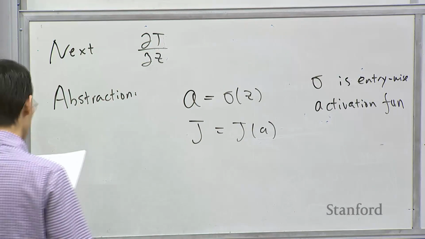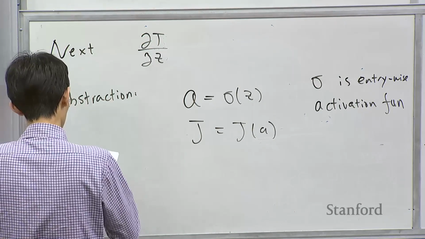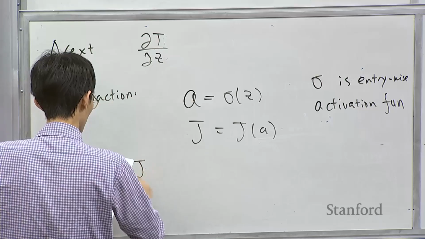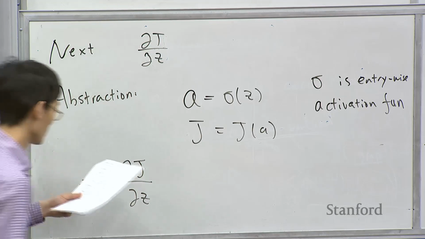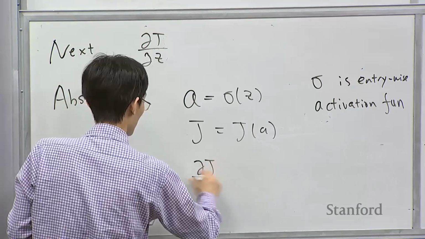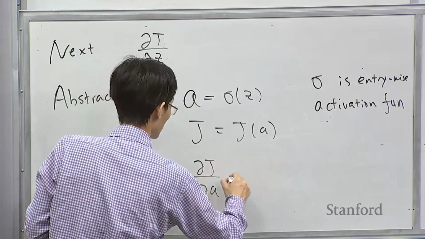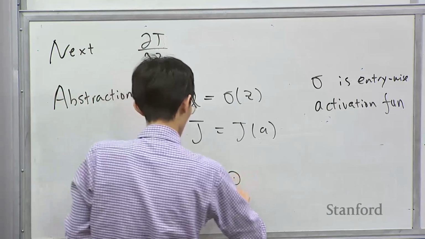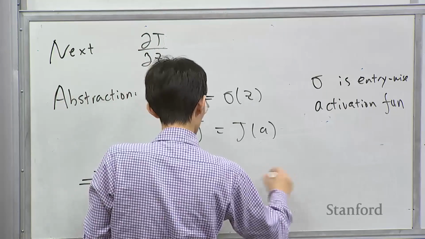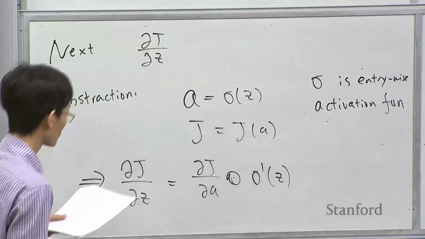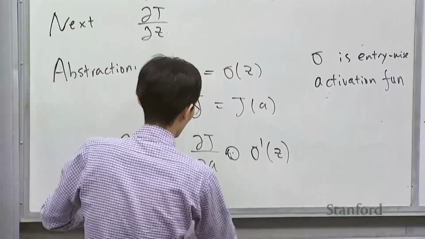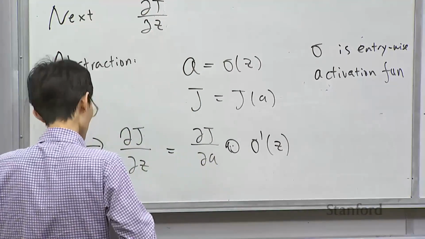So I'm going to claim that in this case, your target, the quantity you care about, dJ over dz, is going to be equal to dJ over da times sigma prime of z. Let me explain the notation here.